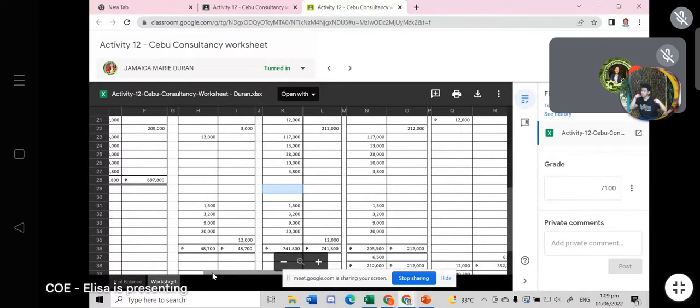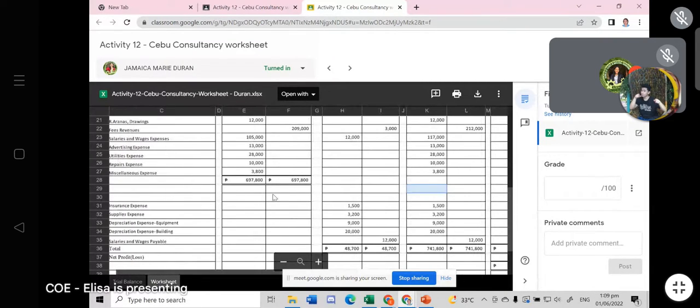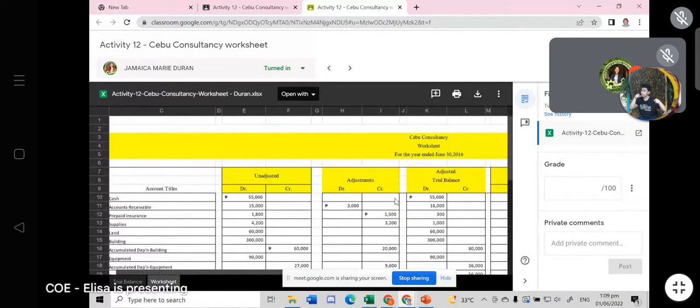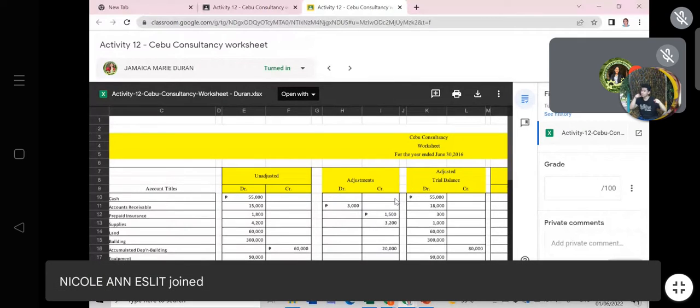Okay, so an outright comment on this is that we only use the peso sign or dollar sign in our trial balance and the financial statements. So in the worksheet, in the journal, in the ledger, we don't have to put a peso sign or dollar sign.